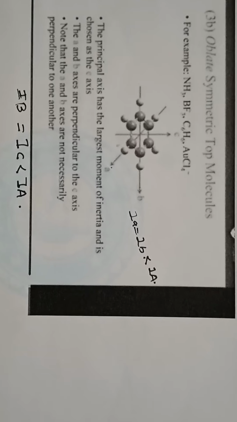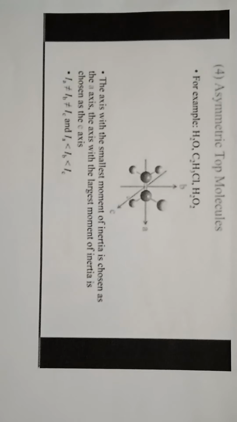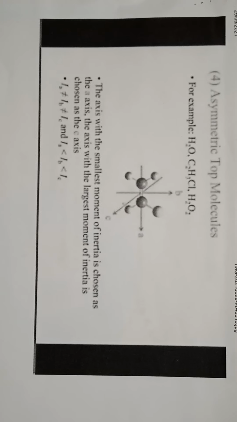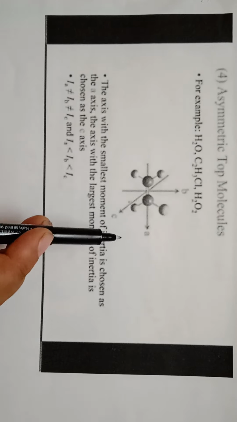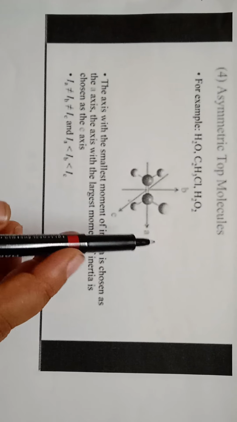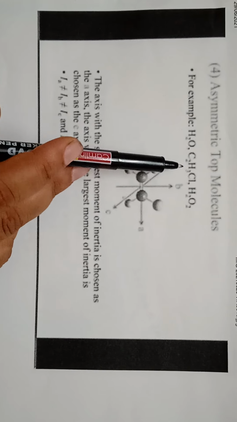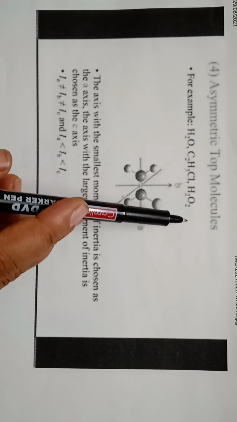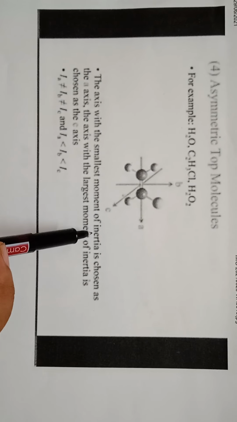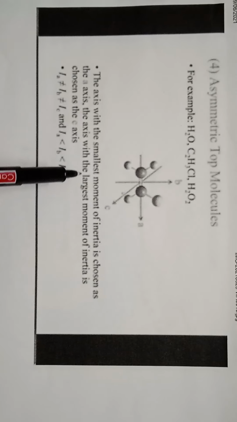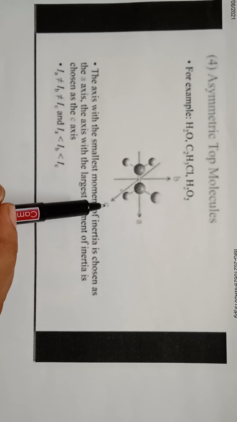Next we see the asymmetric top molecules. The majority of substances belong to this class, having all three moments of inertia different. Examples are H2O, C2H3Cl, H2O2. The axis with the smallest moment of inertia is chosen as the A axis, and the axis with the largest moment of inertia is chosen as the C axis.